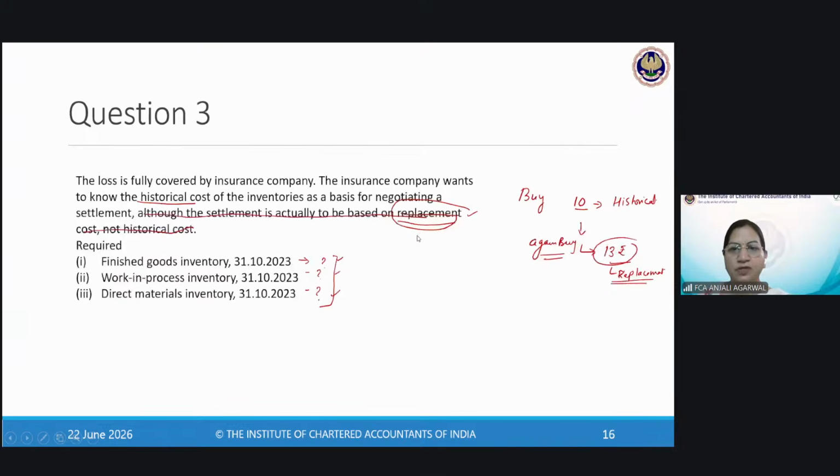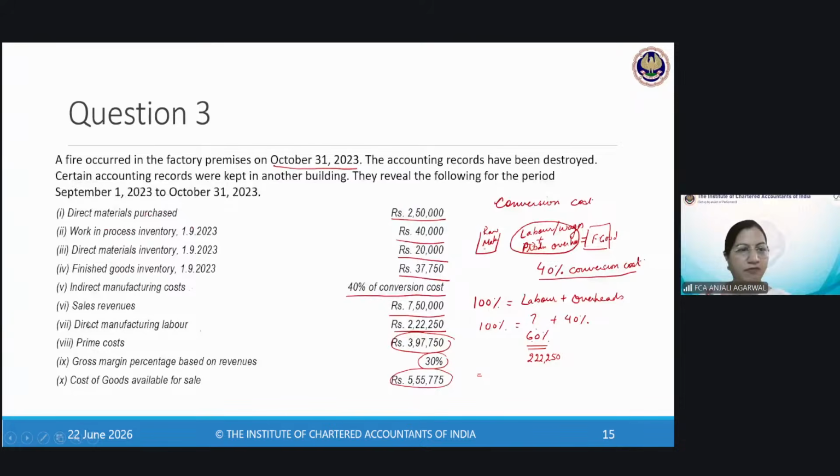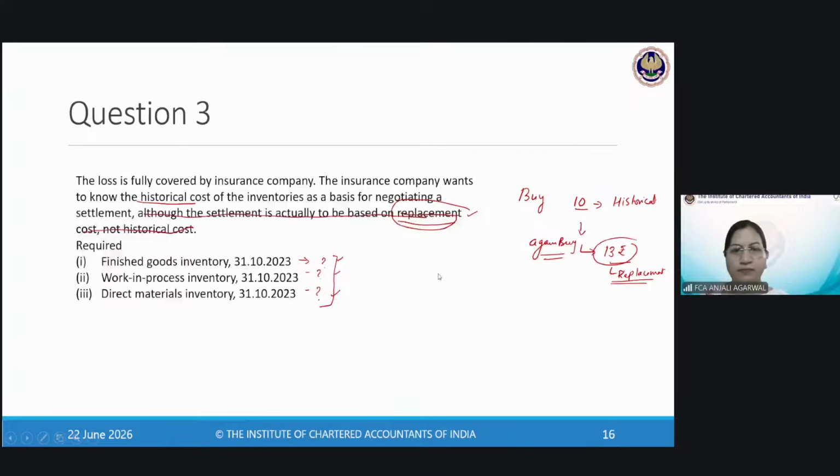Opening WIP is 40,000. Closing WIP is very relevant. We need to find out. So unless all this information is put to us, we can't find the works cost. Cost of production, we don't know. Opening finished goods, we have 37,750.